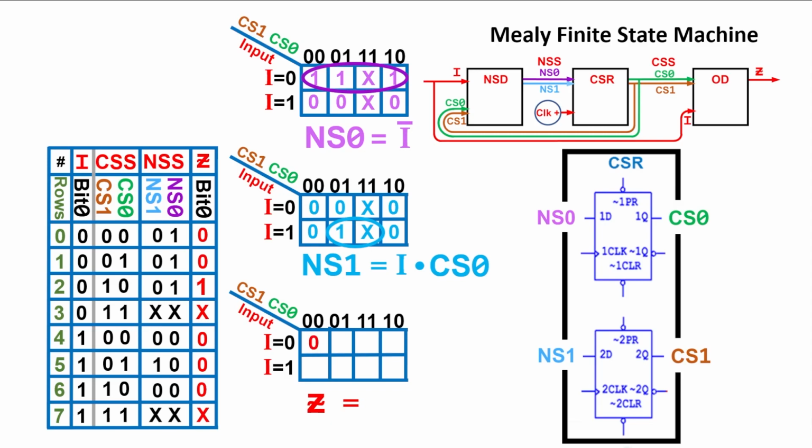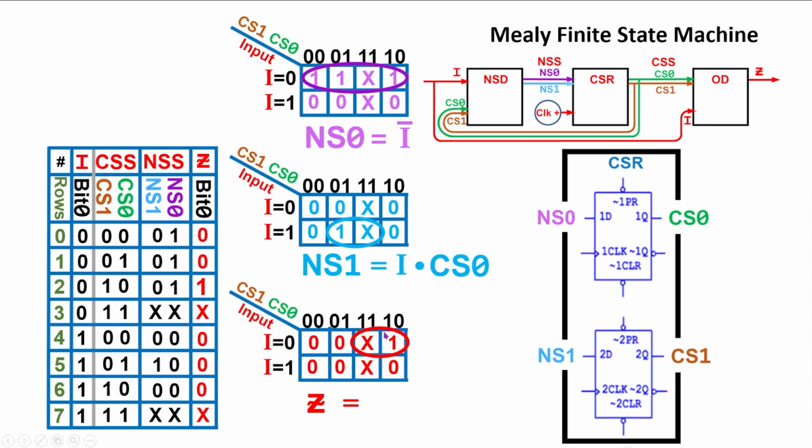Okay, populating the Z, that's going to be 0, 0, skip 1, 1, go back X for the first 4. The last 4 are 0, 0, 0, X, 0, 0, skip 1, 0, go back X. And we want to implicate the largest group we can, which is the 1 with the X, so that's a group of 2. We have to keep the not I in the equation because it has nothing to cancel against, because nothing on this row has been implicated on the lower row.